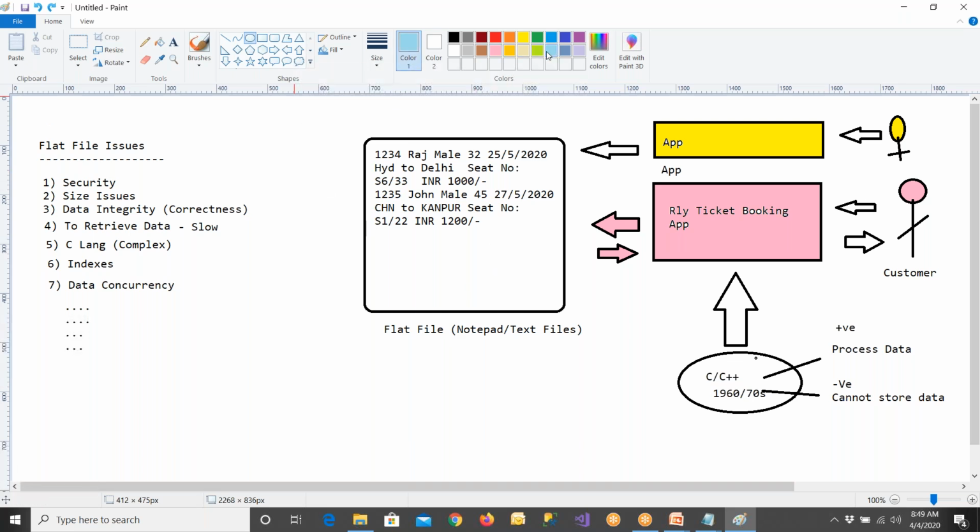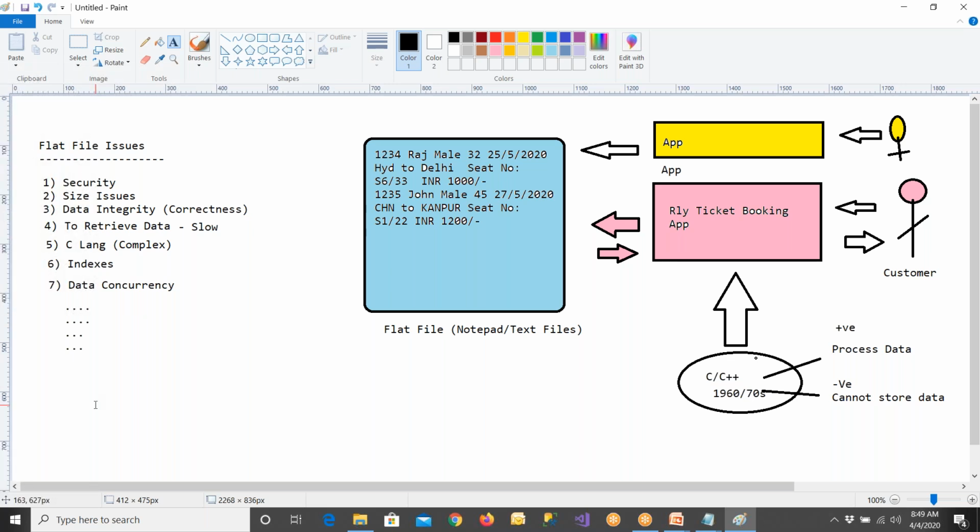Storing the data in a flat file is not a very good thing to do. So we need to invent software or proper tools to store the data. So these are the issues that got created.